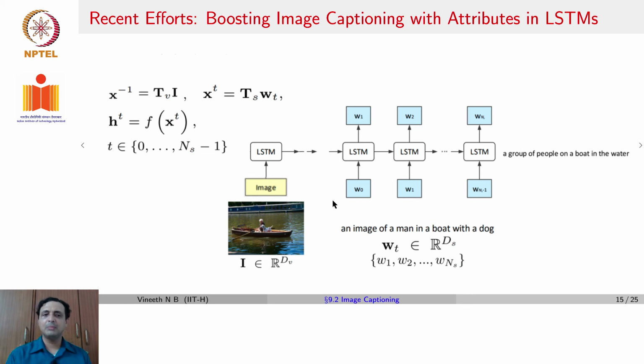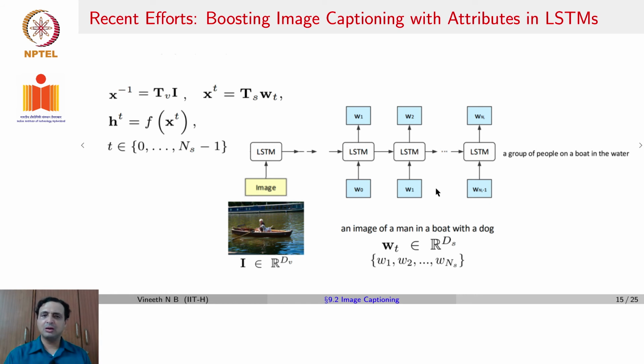So this is the vanilla image captioning approach that we have seen so far, where the image is processed and then given to the first step of the LSTM, and each word of the caption is given as input at each time step of the unrolled LSTM. And HT, which is the hidden state, processes using some function f the input at each time step. This is the vanilla version of using an image representation and the caption words to train the model.